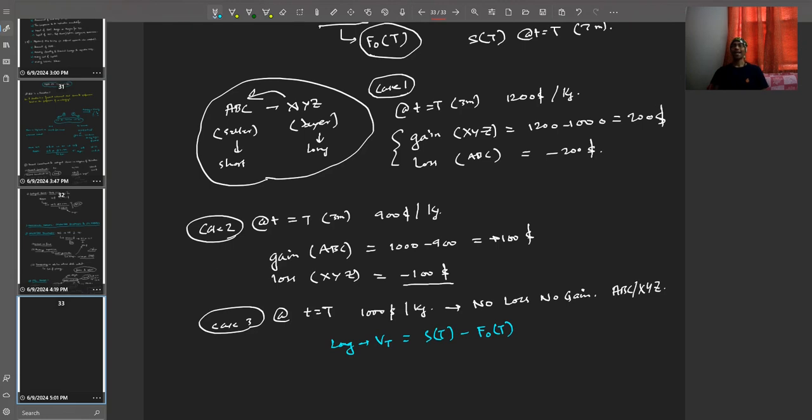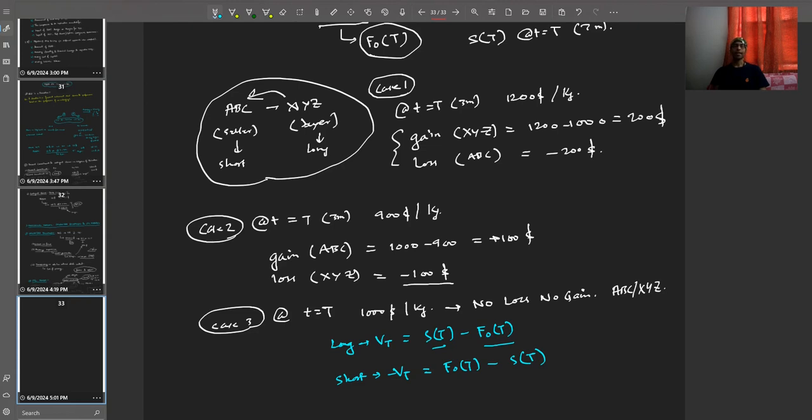St is the market price at maturity of the underlying, right? And F0t is the contract price at maturity of the same underlying. Now, the value to the short of the forward contract at maturity is given by minus Vt is equal to F0t minus St.